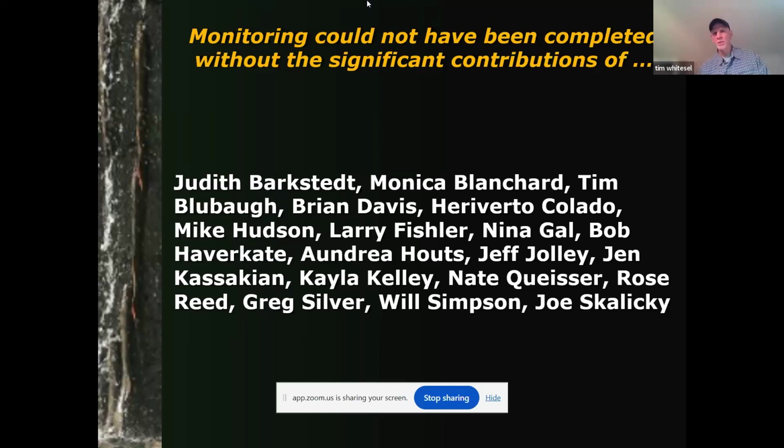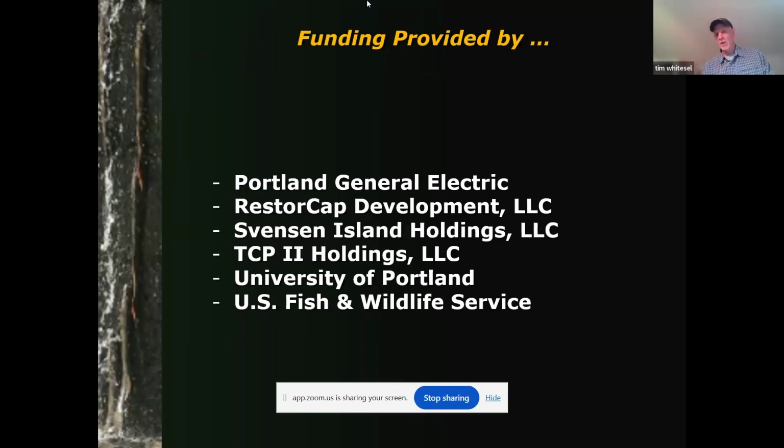Putting them all on a list doesn't do them service, but here is a list of some of them. You might know some of them. Some of them I think are actually on this call. And we are eternally grateful to everybody for their help in all of the work that you're about to hear about. Equally, funding has been provided by a number of different entities, and we wanted to acknowledge folks who have contributed financially to help get this work done.